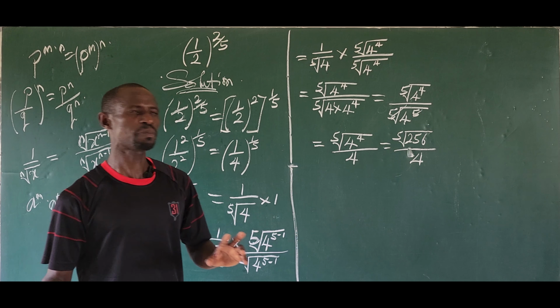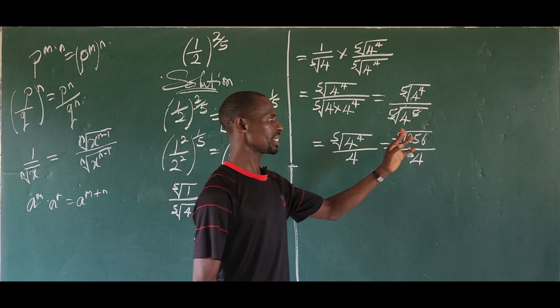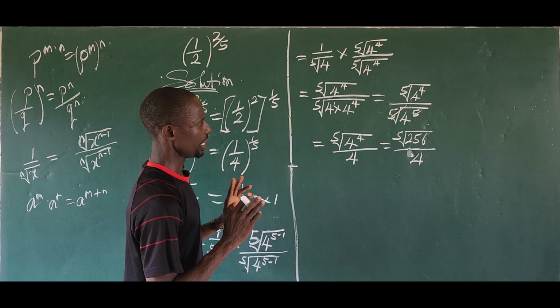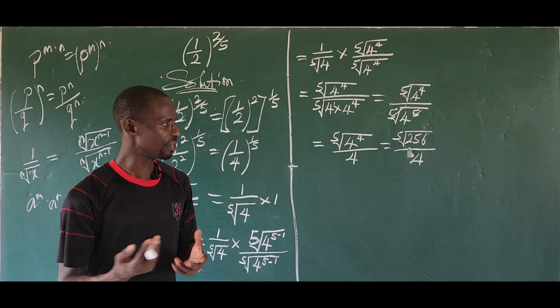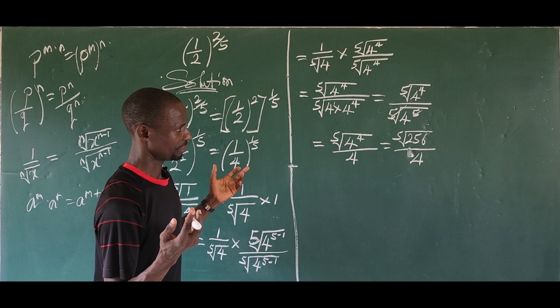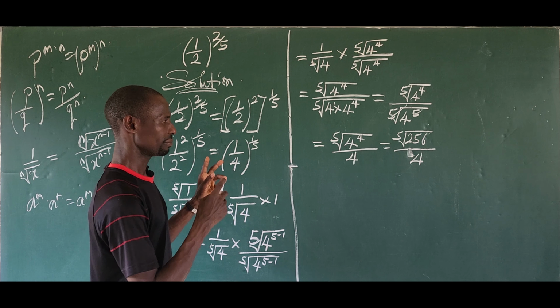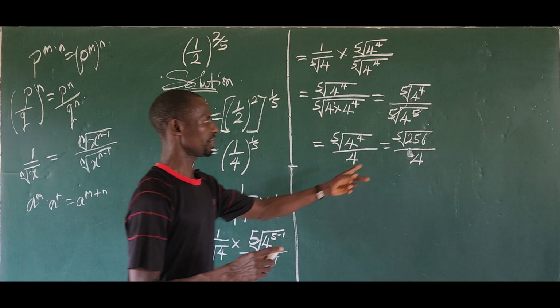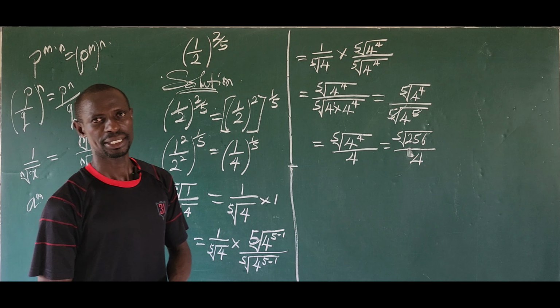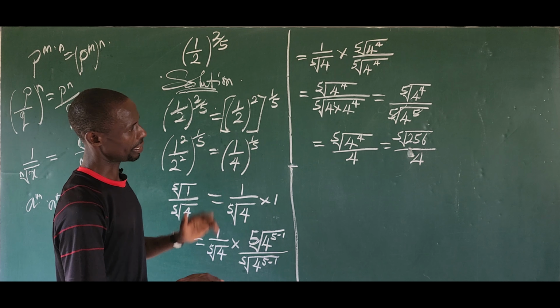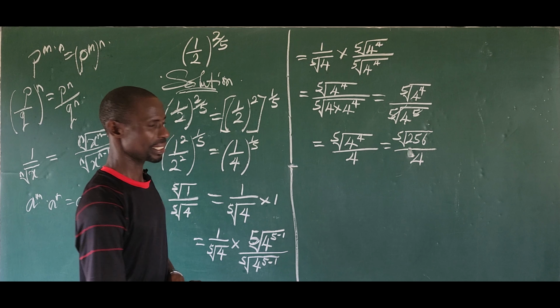Now we just think of splitting 256 into a number that can give us a fifth power, then times another number to give us this 256. And that is 8 times 32.